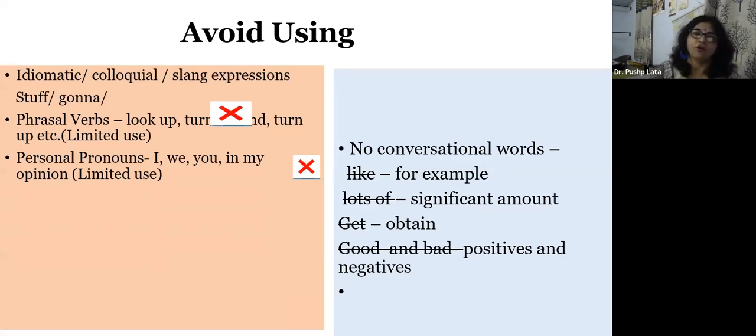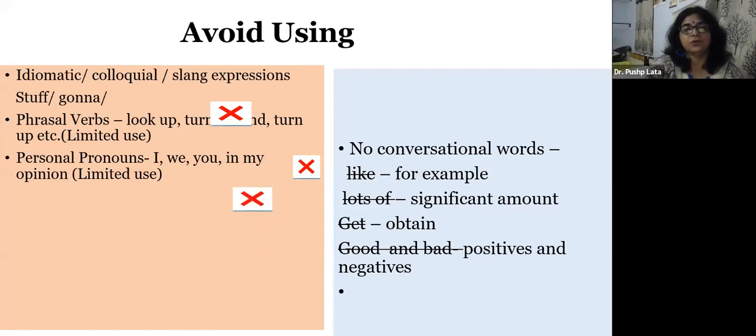You have done a lot of research, and your own ideas are developing based on the understanding you have developed from other people's writing. So by convention, you should avoid using personal pronouns, but again, you need to see, there could be a few journals or universities which may allow you to use them.